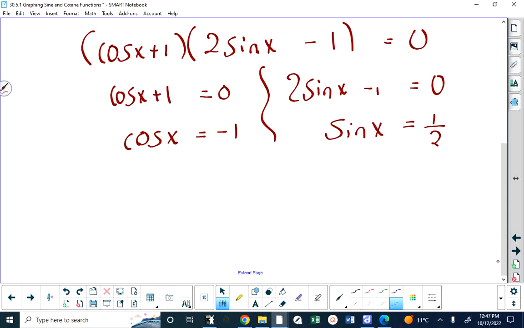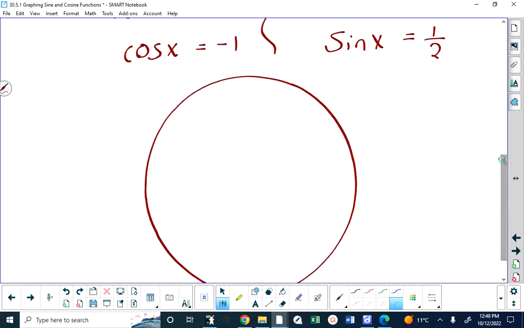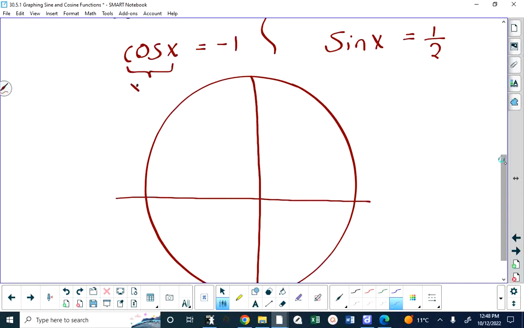Again, I suppose you could find a reference angle here and then look in these two quadrants where cos is negative. And you could find a reference angle here and look in these two quadrants where sine is positive. But kind of putting it all together, on the unit circle, first of all, cosine is an x coordinate.